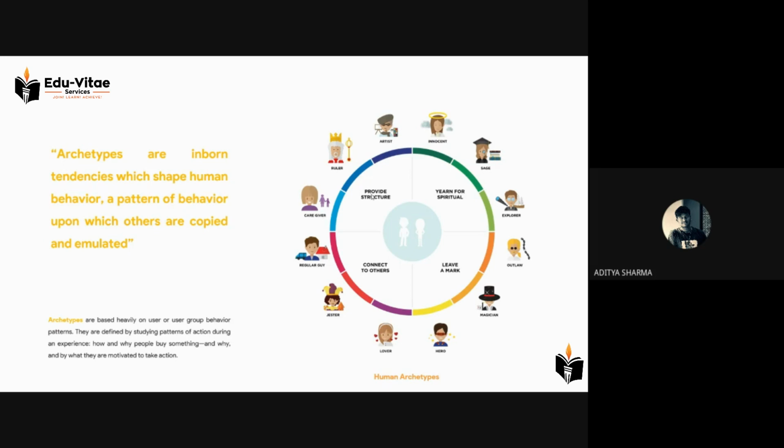Some people are very outgoing, some are very interactive, and some are very shy. Some people are very creative, some are very good at managing people. So these are different archetypes, and due to this, the work they do and the things they interact with are also affected.